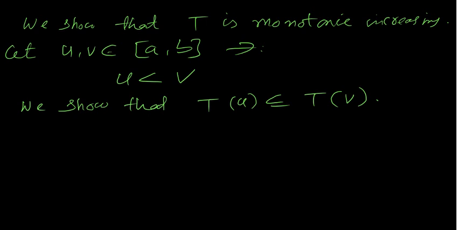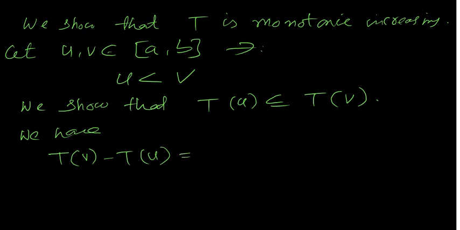Now how to calculate this? We calculate T(v) minus T(u), that should be positive. We show that this is a positive number, that will give T(u) is less than T(v).